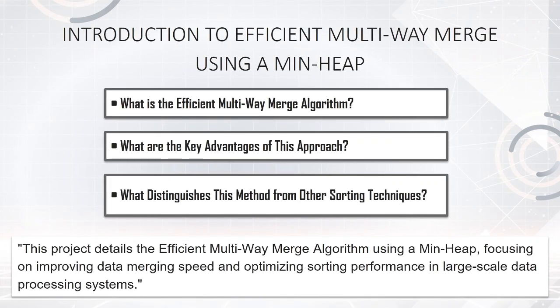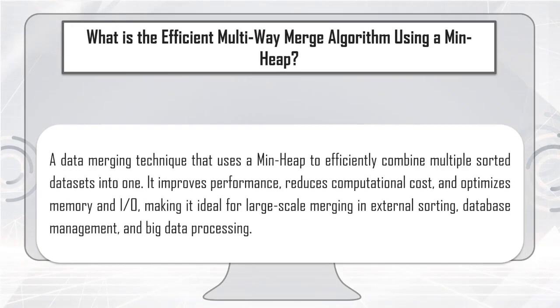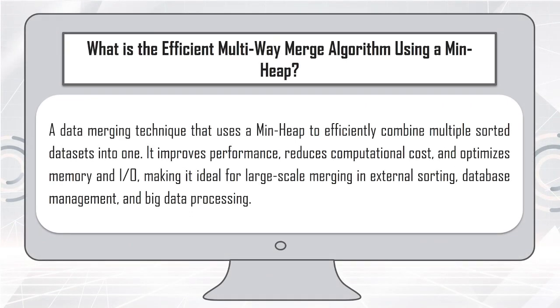Introduction to efficient multi-way merge using a min heap. What is the efficient multi-way merge algorithm? This technique is all about efficiently merging several sorted datasets into one big sorted list, and it does that using something called a min heap.